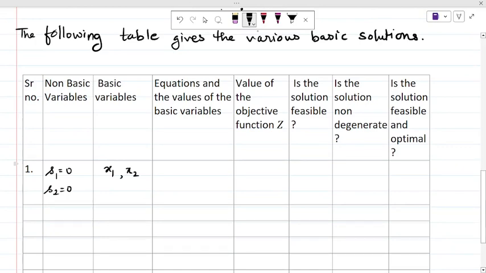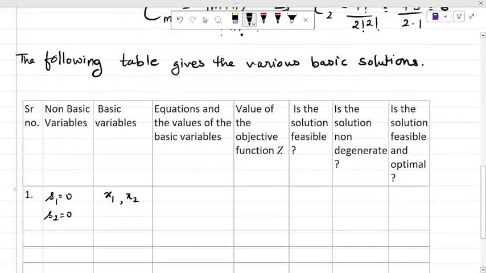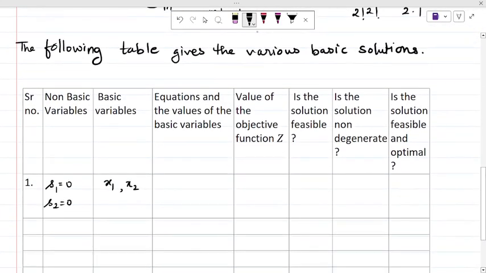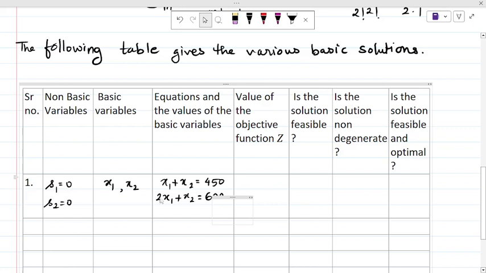The equations that we get by setting s1 and s2 to 0 are x1 plus x2 equals 450, and 2x1 plus x2 equals 600. Now this is basically a simultaneous equation.